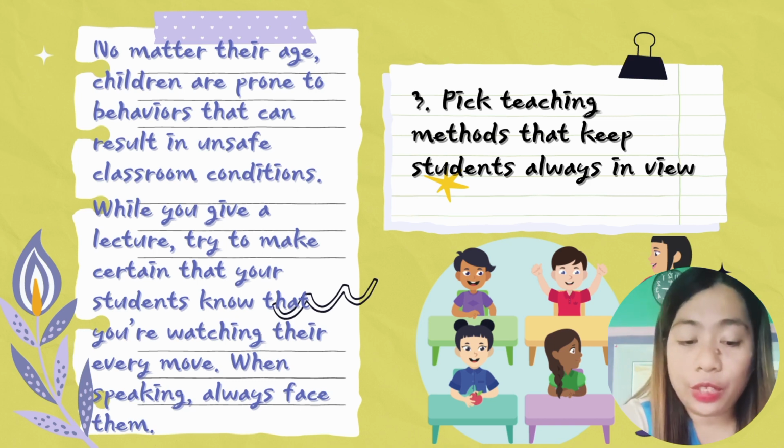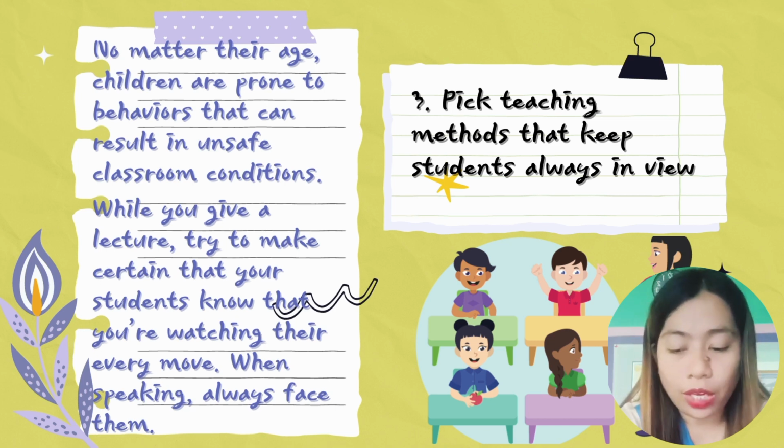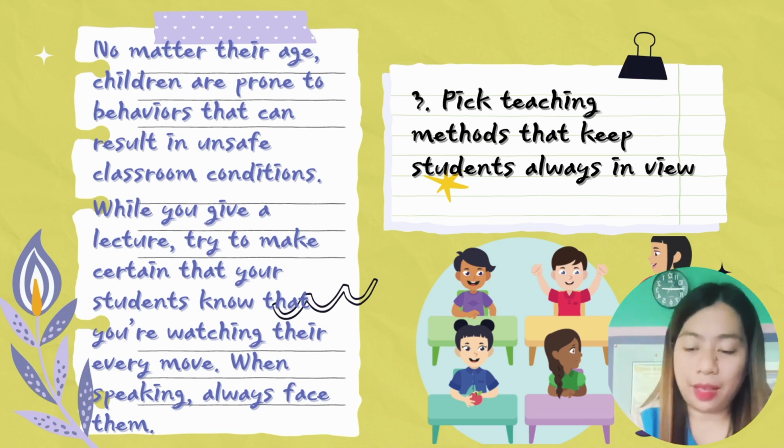Students are likely to play with everyday classroom and other items in ways that can sometimes cause harm to themselves and others. Without careful monitoring by a teacher, older students can get into private discussions that lead to arguments and fights. While you give a lecture, try to make certain that your students know that you're watching their every move. When speaking, always face them.